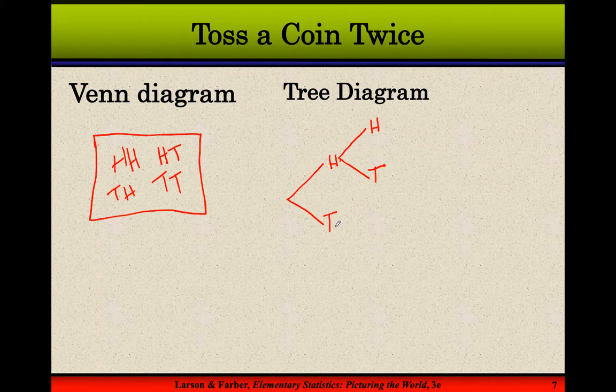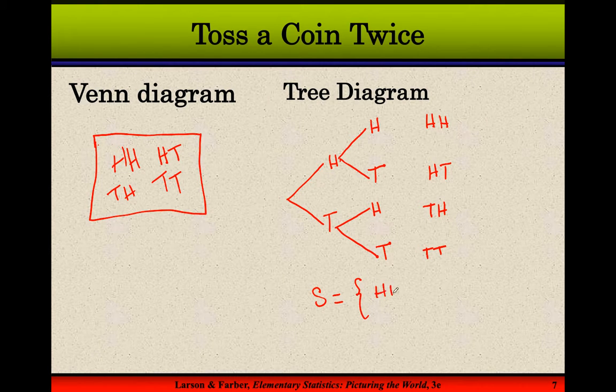Then what? Then I could get a heads on the second flip or a tails. And then my outcomes would be heads, heads, heads, tails, tails, heads, and tails, tails. So I've got 4 outcomes, and then my sample space would just be a listing of those 4 outcomes.